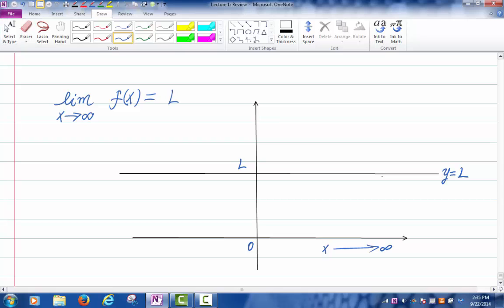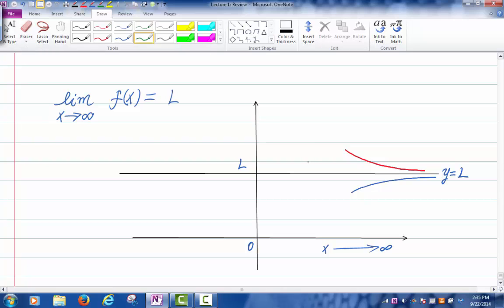One way is that maybe the graph is always increasing and approaching this line like this. As x gets bigger and bigger, the graph is getting closer and closer to the line, but it doesn't touch the line. Another thing that can happen is that the graph might be decreasing and getting closer and closer to the line, but it doesn't touch.